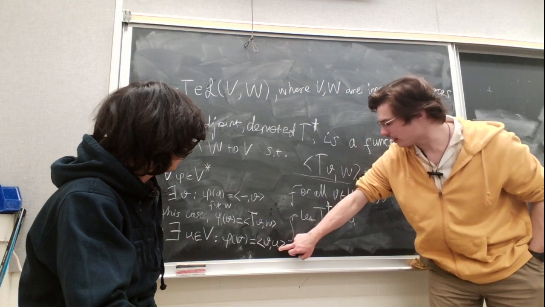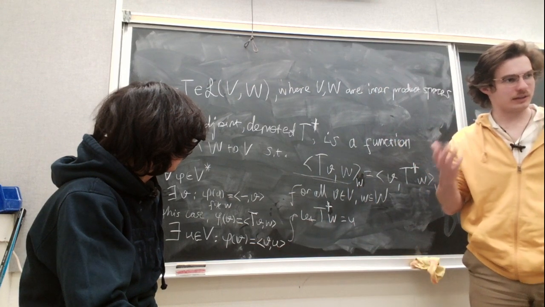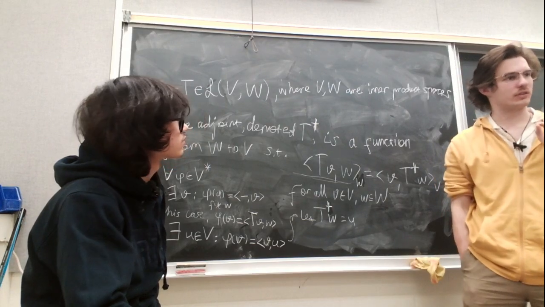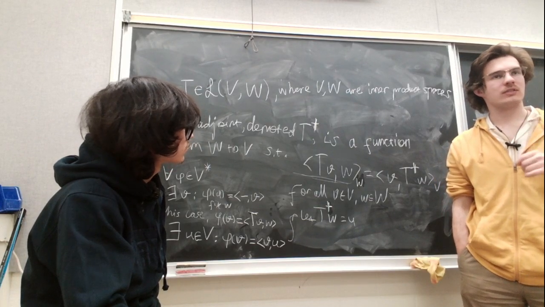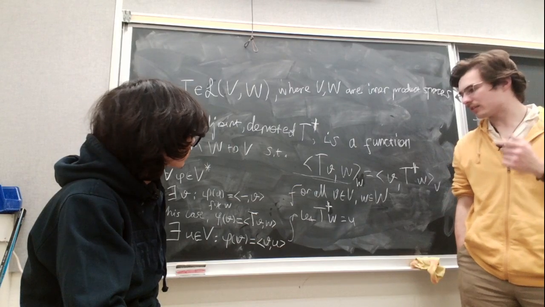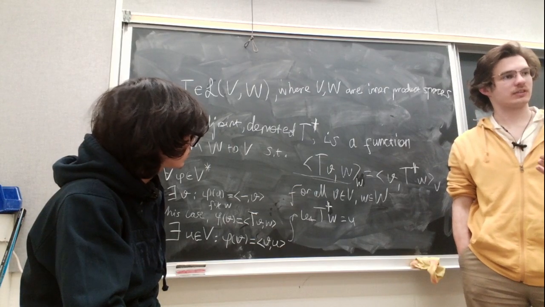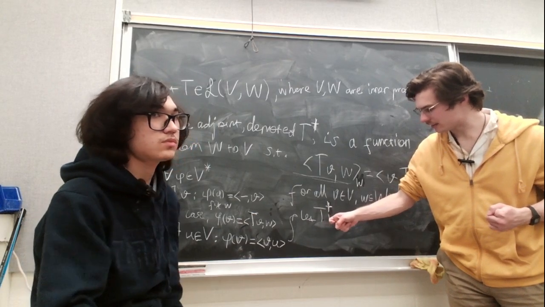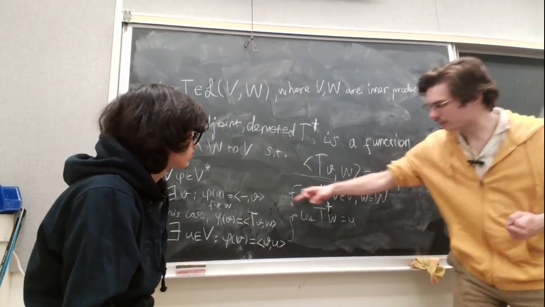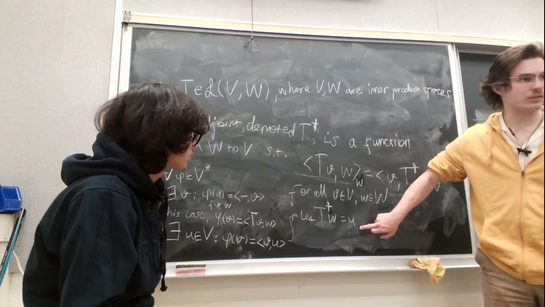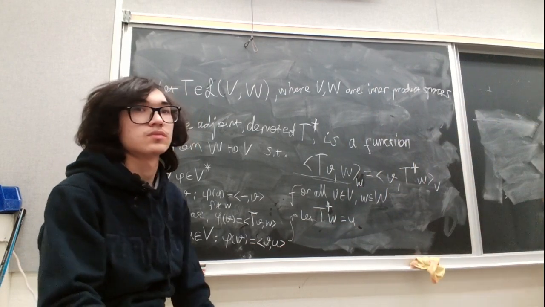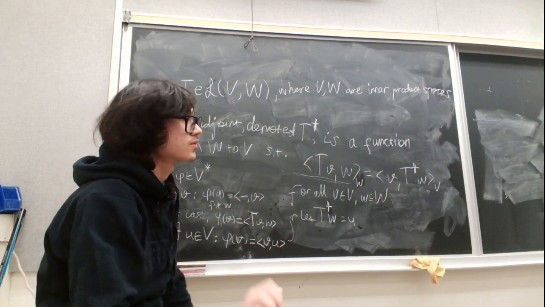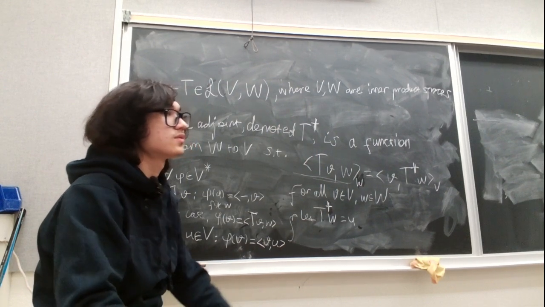Now let me define some function. To define a function, I need to tell you how it acts on the vectors. So let's define something that, given w, finds the associated u and sends it to the associated u. There we go. Makes sense. So now the question, because I still haven't asked my question.